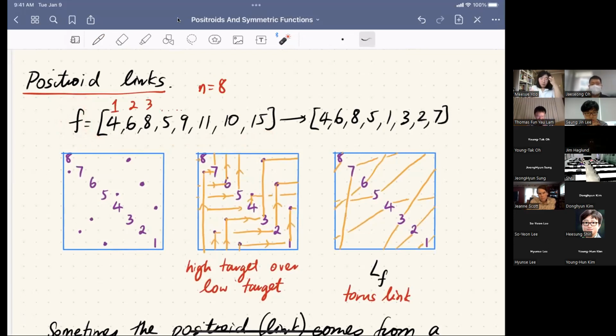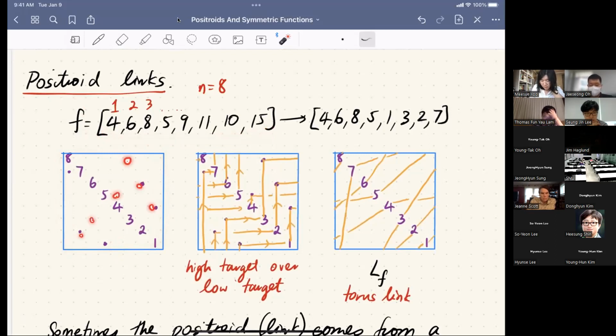What I'm going to do is draw this little square with identified sides, which I think of as a torus. I'm going to identify this side with this side and this side with this side. In this torus, along the diagonal, I'm going to write the numbers 1 up to n, so 1 up to 8. Then I'm going to take these numbers, think of it as just a usual permutation, and draw the corresponding dots here.